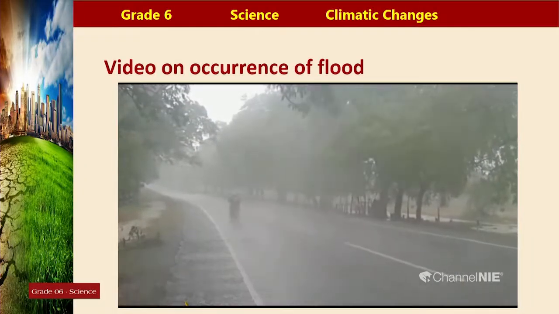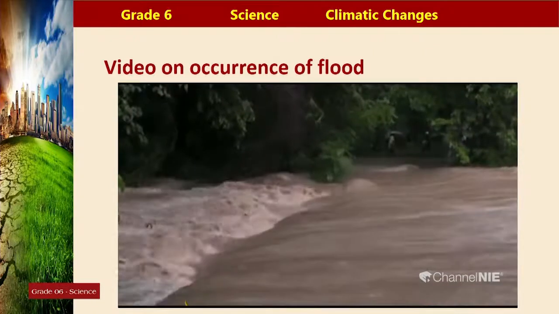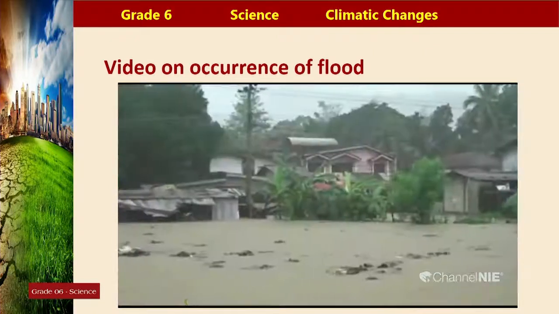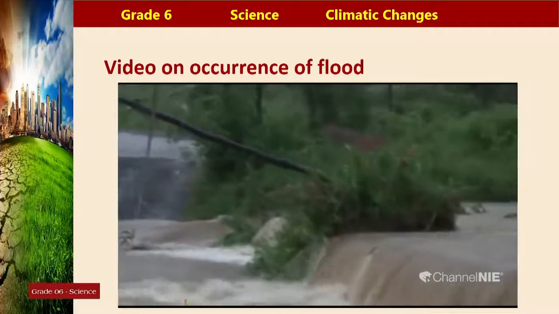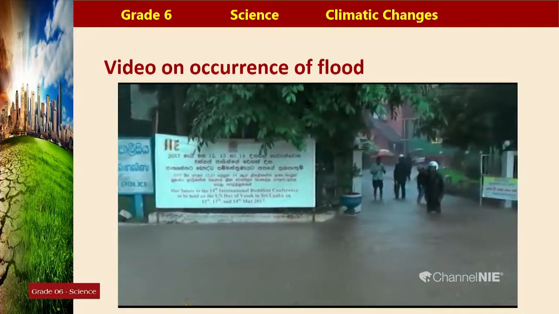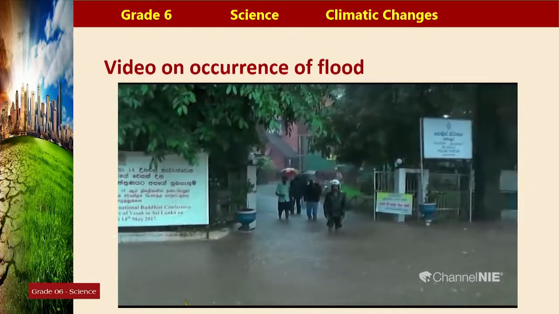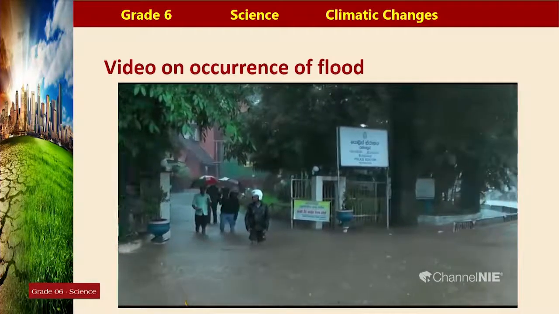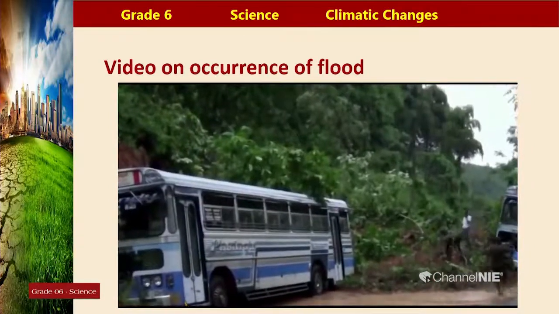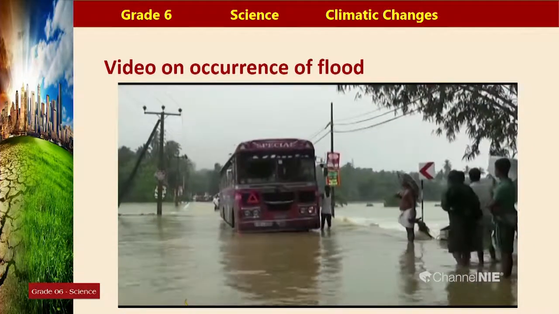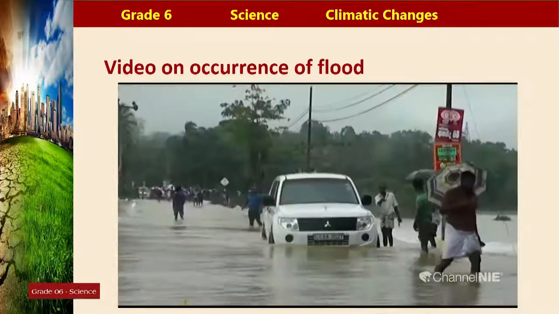A heavy rain can cause a flood. You can see, due to heavy rainfall, all the land areas are inundated with water, and all the houses, drainages, everything overflow. These floods are more common in town areas due to blocking of drains.